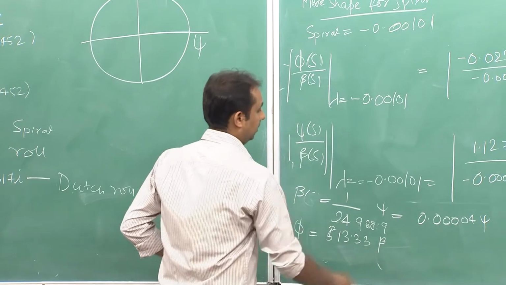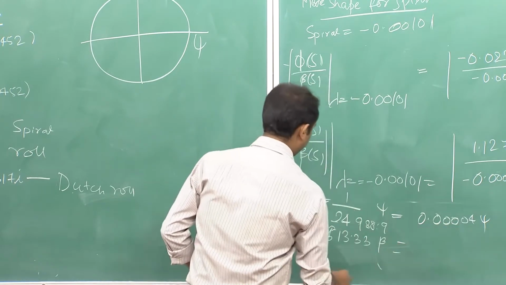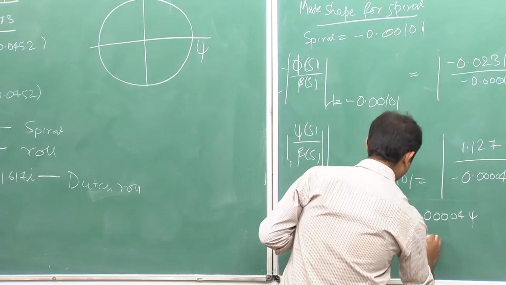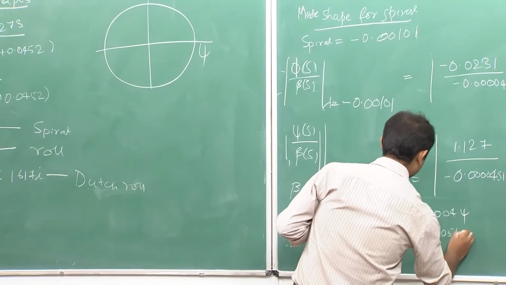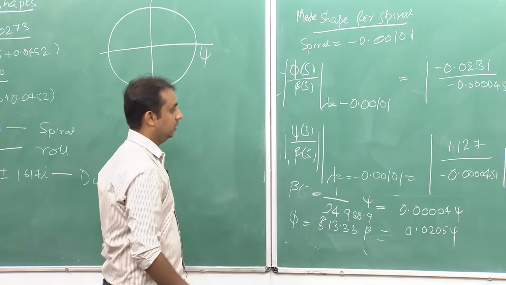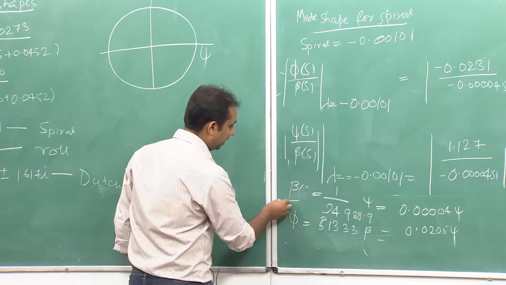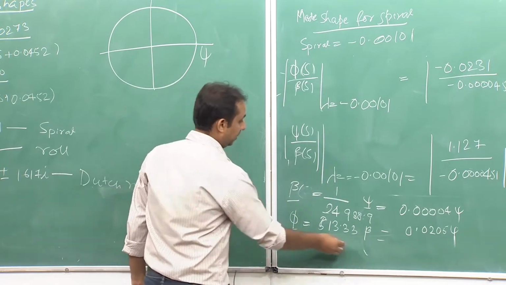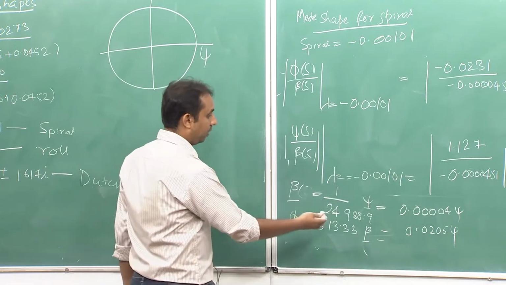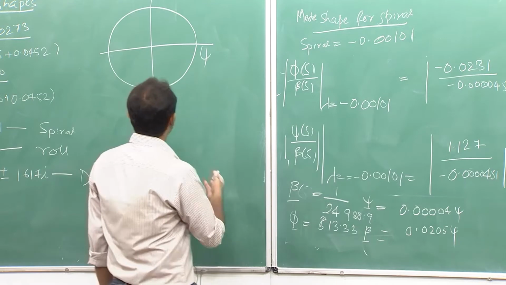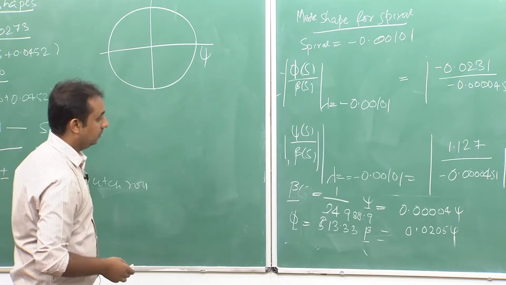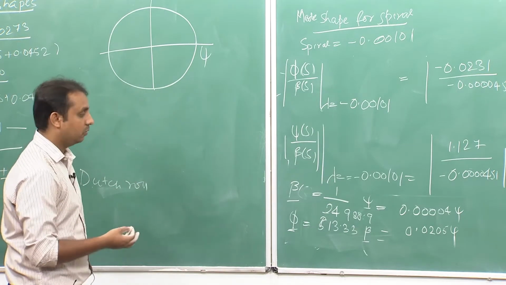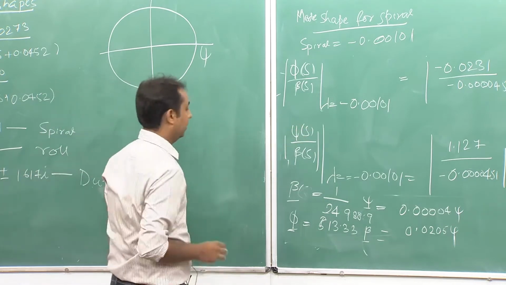Since beta is 0.0004 psi, the relationship between phi and psi will be phi equals 0.0205 psi. Now we saw that the phase difference between beta and psi was 180 degree, whereas the phase for phi and beta was 0. So when plotting this magnitude and phase in my mode shape, we will be getting magnitude of phi with respect to psi as 0.025, but phase will be 180 degree.